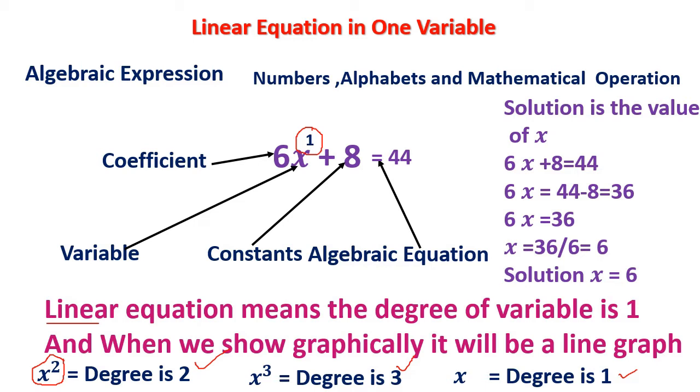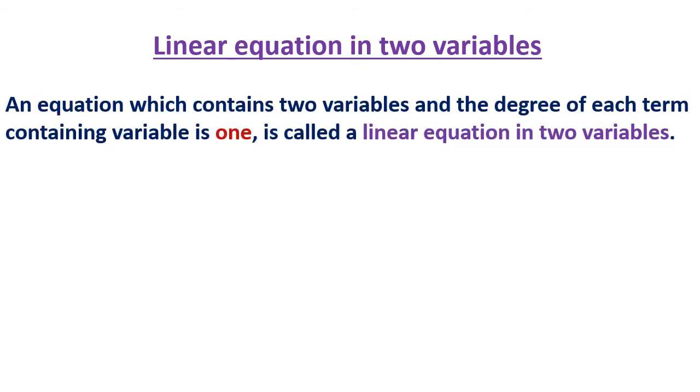Okay, now when we go ahead, linear equation in two variables, where you are having an equation which contains two variables and the degree of each term containing the variable is 1. Such equations are called linear equation in two variables.